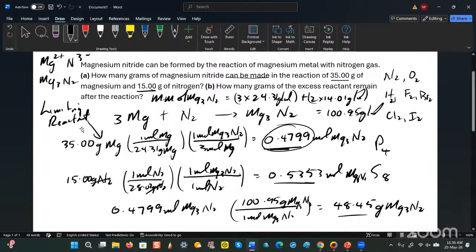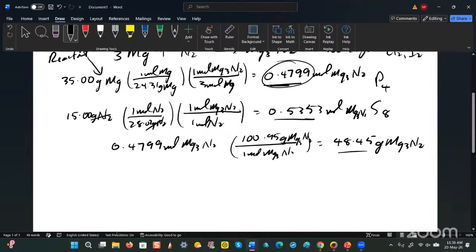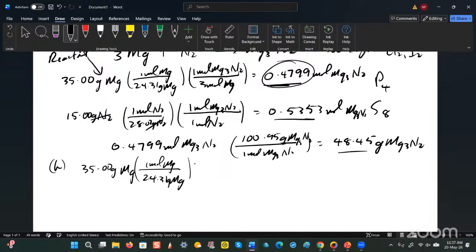Since I need space, I'm going to scroll down here. For the B part, we start off with the limiting reactant, the 35.00 grams of magnesium. I'm going to convert it to moles like I did before: 1 mole of magnesium divided by 24.31 grams of magnesium. The next conversion factor expresses the relationship between the limiting reactant and the excess reactant.